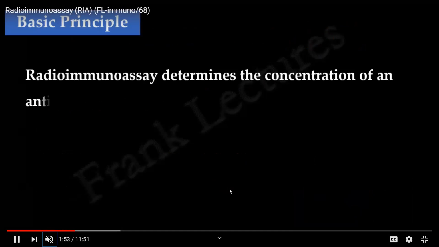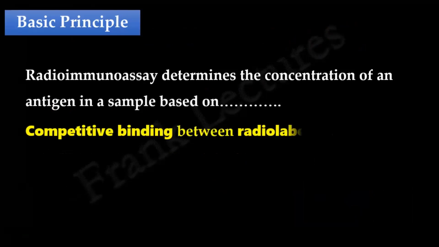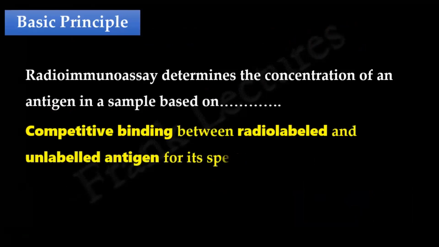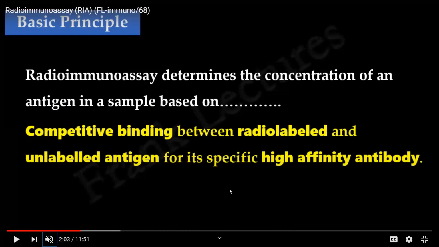Now, what is the basic principle behind this particular assay? Radioimmunoassay determines the concentration of an antigen in a sample based on what? The prime principle of performing this assay is that it helps us in determining the concentration of antigen that is in a sample.